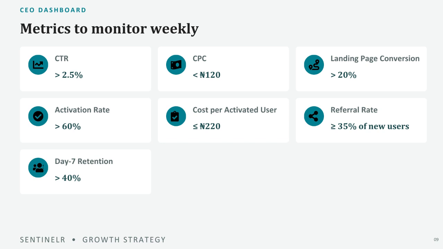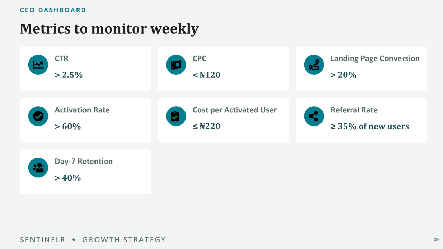Our landing page conversion should be greater than 20%, meaning if 400 people land on our landing page, at least 80 of them should sign up. Activation rate should be greater than 60%, and the cost per activated user should be less than 220 naira. Referral rate should be greater than or equal to 35% of new users.